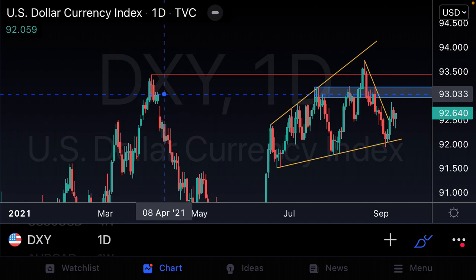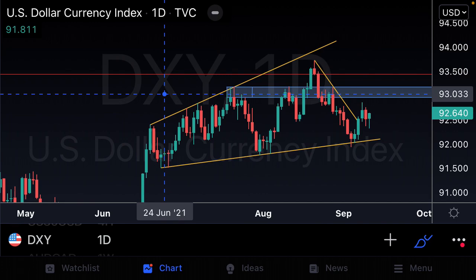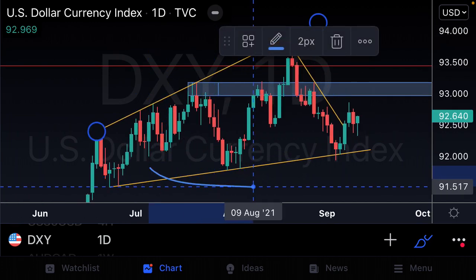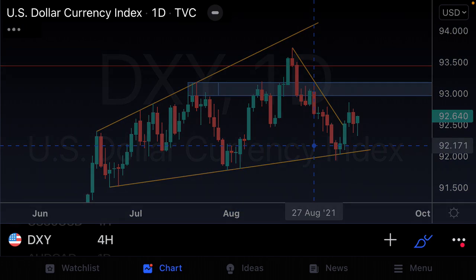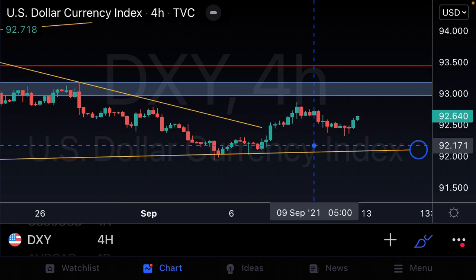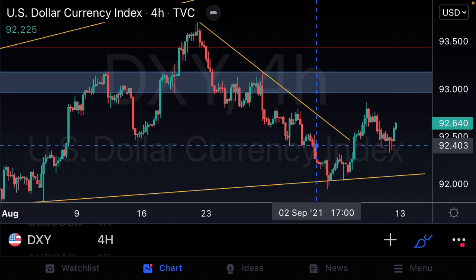So we're expecting some higher time frame sellers to jump into this market. And we're in an expanding structure close to our resistance areas. So what I'm going to be doing over the course of next week is highlighting and placing a big importance on those resistance areas, looking for a bearish reaction from price.